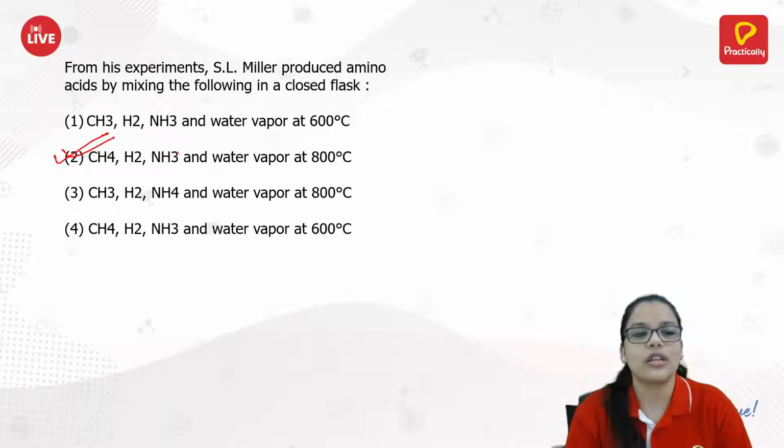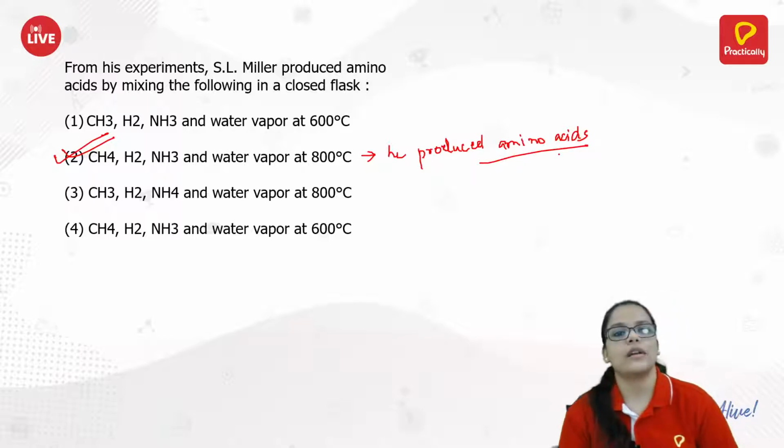Okay, methane, hydrogen, and ammonia. So this is the correct answer by which we produced amino acids in a closed flask.